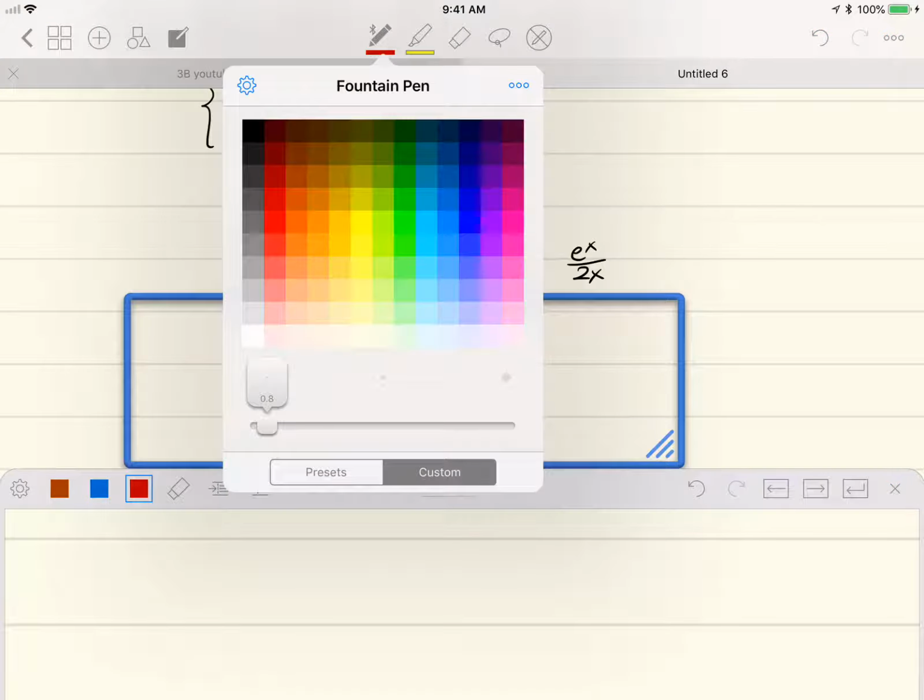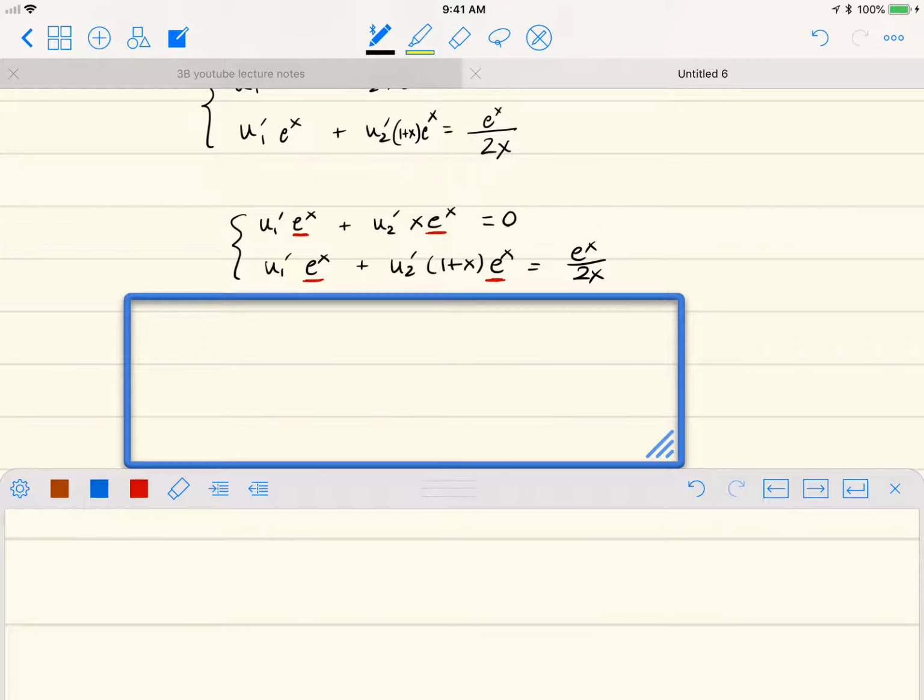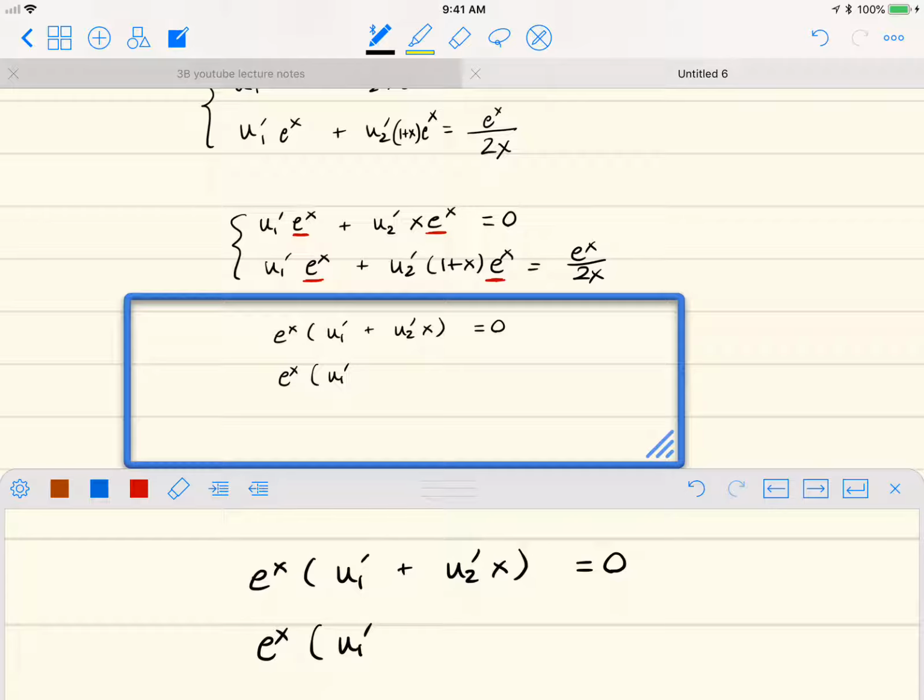So we'll have e to the x times u1 prime plus u2 prime x equals 0, and for my second equation I'll have e to the x times u1 prime plus u2 prime times 1 plus x is equal to e to the x over 2x.